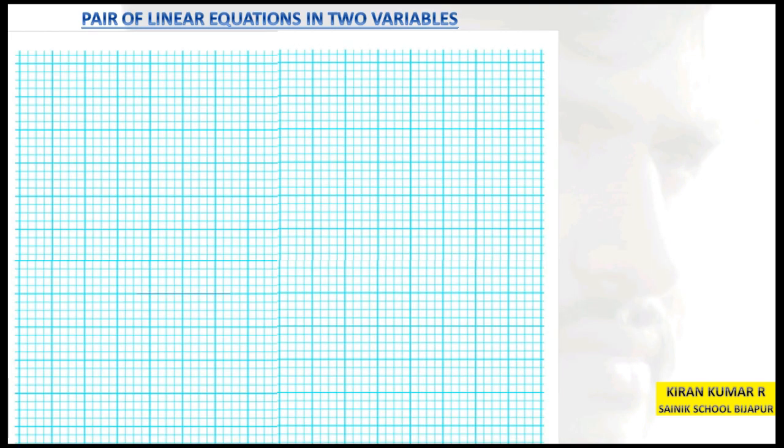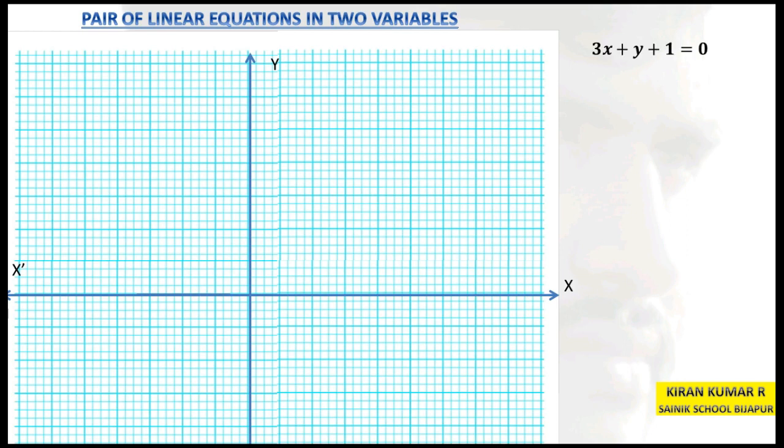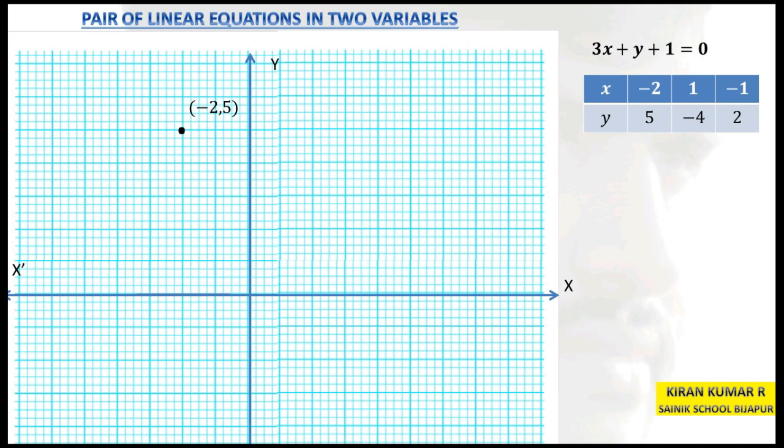I'll take the graph paper. I'll consider x and y axis. The equation was 3x plus y plus 1 equal to 0, and we had made tabular column having the coordinates. Let us plot these coordinates. Minus 2 comma 5, it's in the second quadrant. 1 comma minus 4 is there in the fourth quadrant.